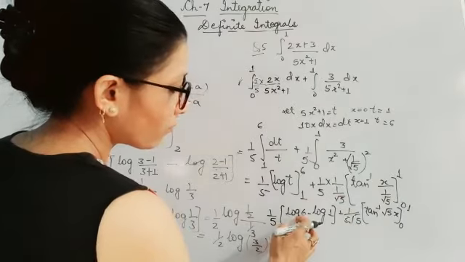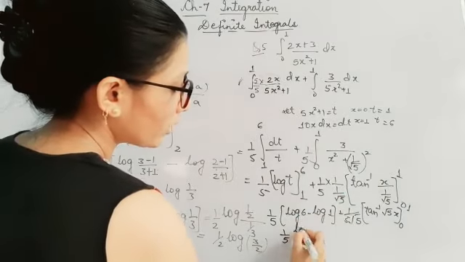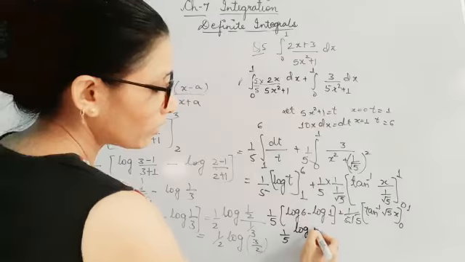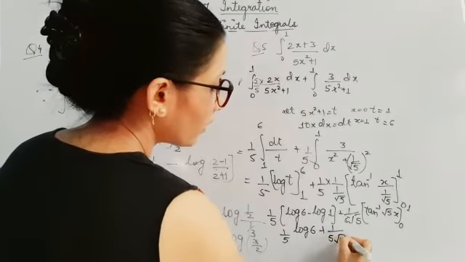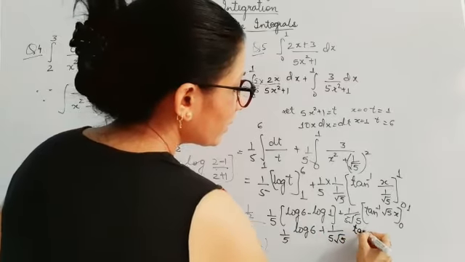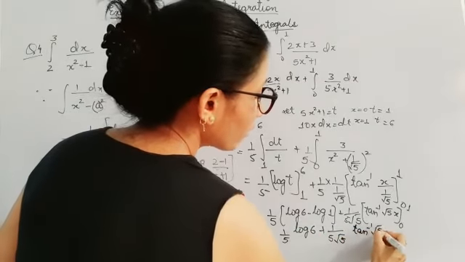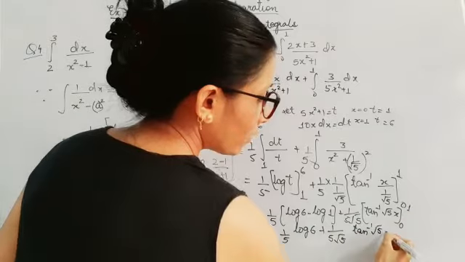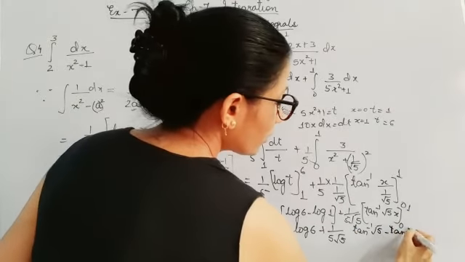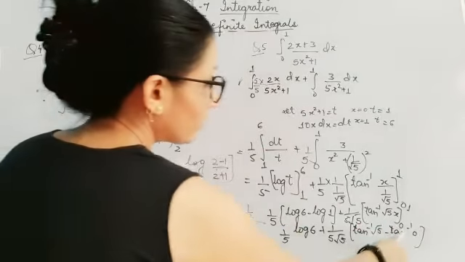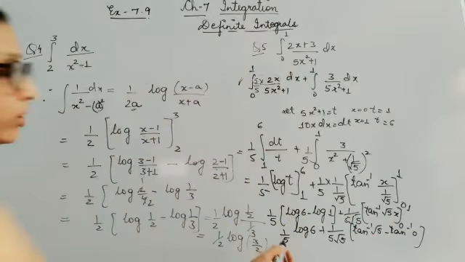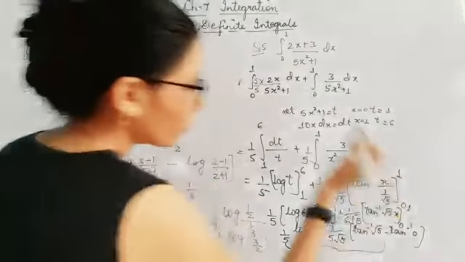So this is log of m minus log of n, which can simply be written as log of 6 by 1, or simply log 6, plus 1 by 5 root 5, and here it will be tan inverse root 5 for the upper limit, that is 1, minus tan inverse 0. So this is the answer I am getting. Write the value of tan inverse 0 as 0, and the rest part will be your answer.